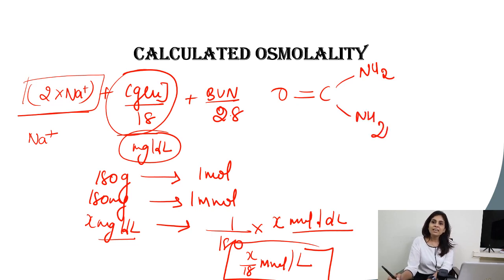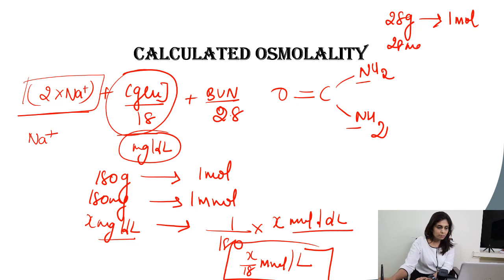So how many nitrogen do you find here? 2 nitrogen. 1 nitrogen weighs 14 grams, 2 nitrogen would weigh 28 grams. So the same story, 28 gram of blood urea nitrogen is 1 mole of blood urea nitrogen. 28 milligram of blood urea nitrogen would be 1 millimole of blood urea nitrogen.